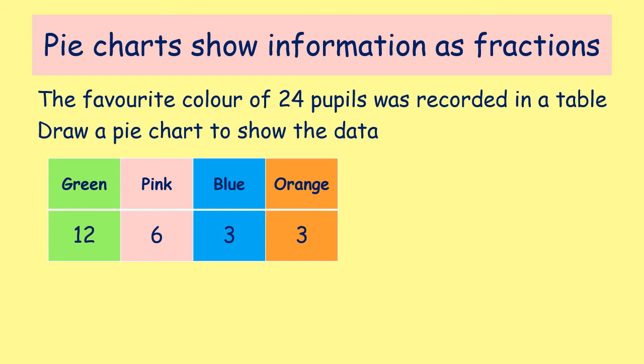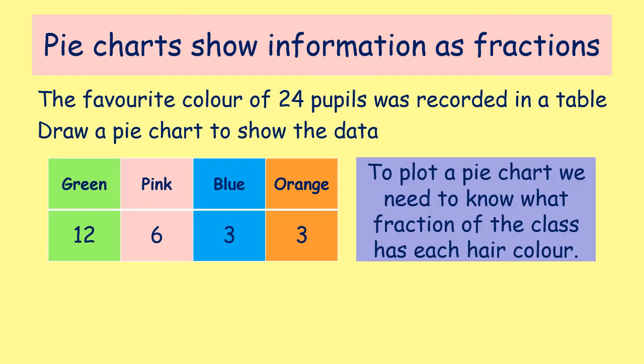Now, our first step is to know the fraction of each colour, so the fraction of pupils for each colour. So we're going to turn those numbers into a fraction. Now, in this question we were told that there were 24 pupils.